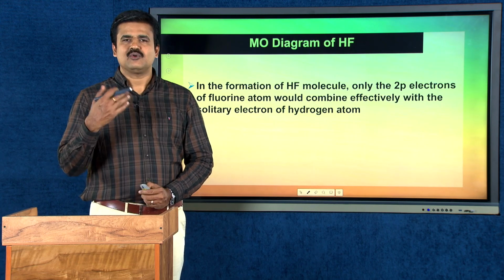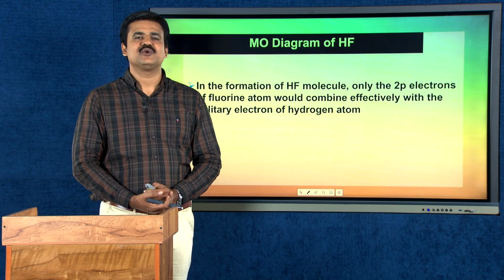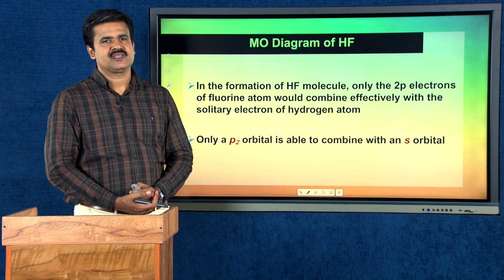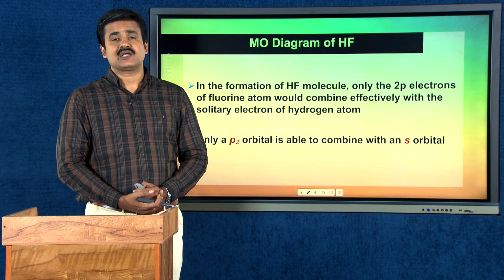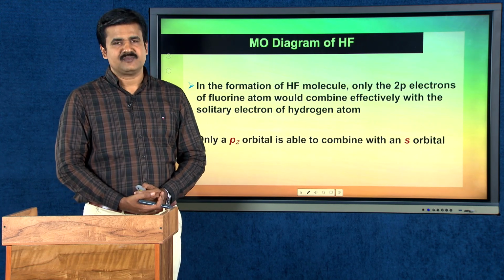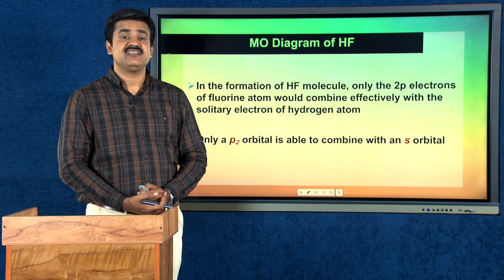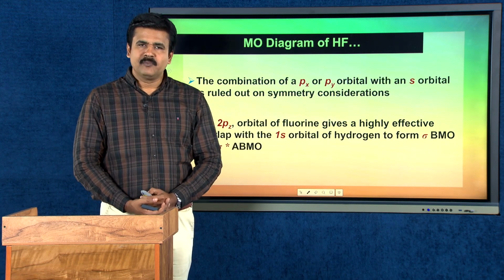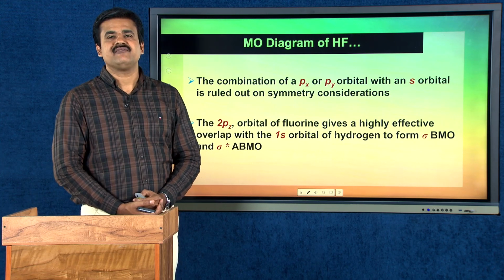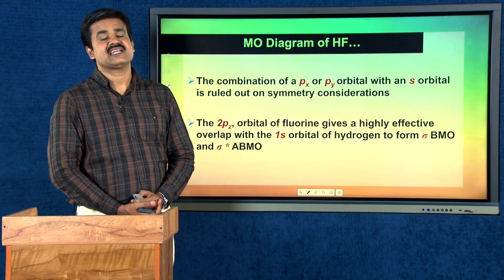So there is an interaction between the 2p electrons of fluorine and the one and only electron of the hydrogen atom. Only a pz orbital is able to combine with an s orbital. This follows from the condition for effective overlap that we studied in previous modules. The combination of a px or a py orbital with an s orbital is ruled out on symmetry considerations.